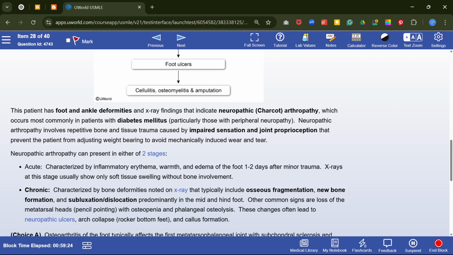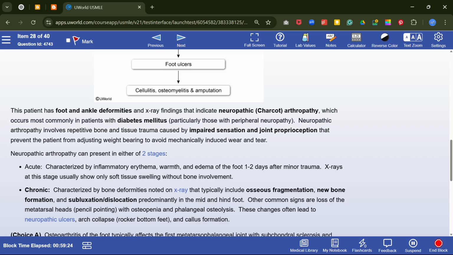Chronic is characterized by bone deformities noted on X-ray that typically include osseous fragmentation, new bone formation, subluxation or dislocation predominantly in the mid and hind foot.